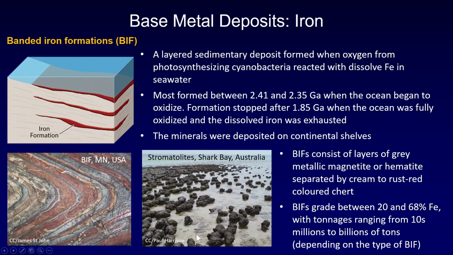And so banded iron formations will often have tonnages which range from the tens of millions of tons of ore to billions of tons of ore. So these are absolutely massive deposits. And they are the primary source of iron which is used by humans.